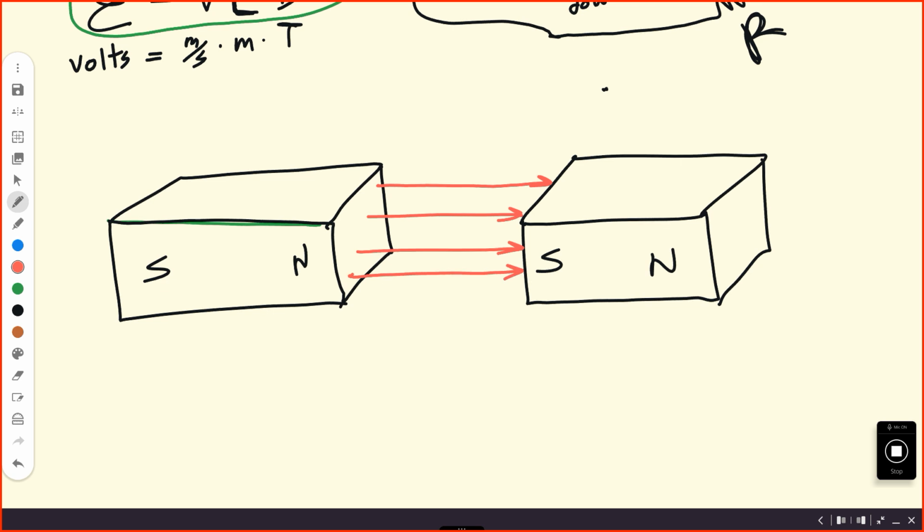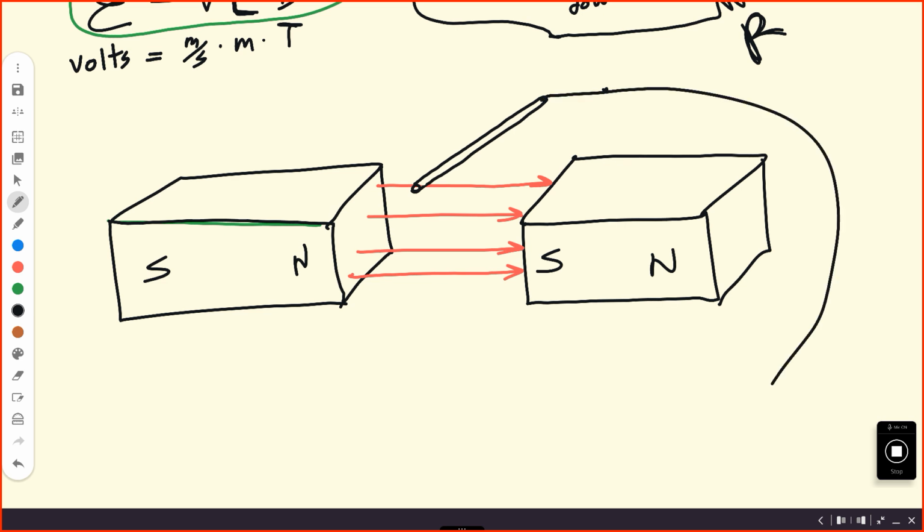This time I'm going to start with the wire up above, and I'm still going to physically move it down.